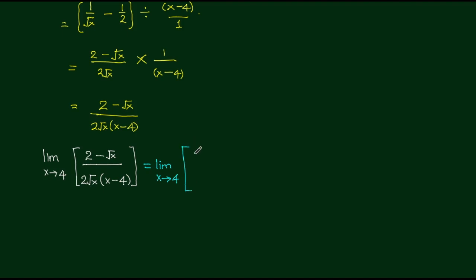So from here we have 2 minus root x, and this multiplies its own conjugate, that is 2 plus root x. As we have done that in the numerator, let's do the same to the denominator. So we have 2 root x, and then we have x minus 4, also multiplied by the conjugate of the numerator, and that is 2 plus root x. And we close our general bracket here.